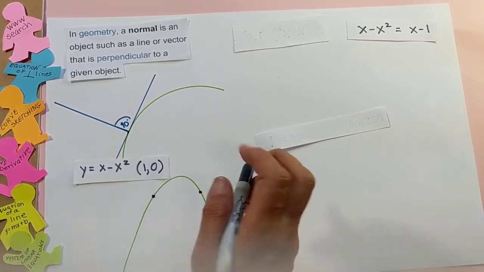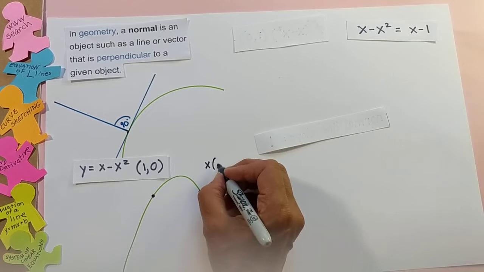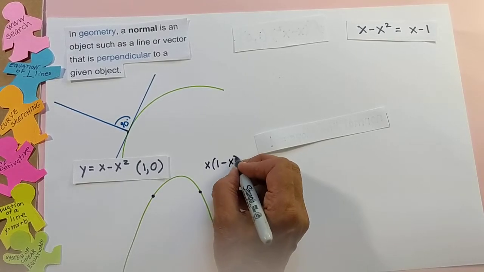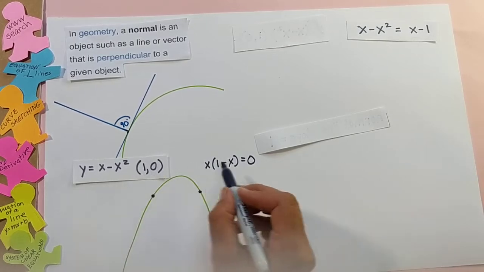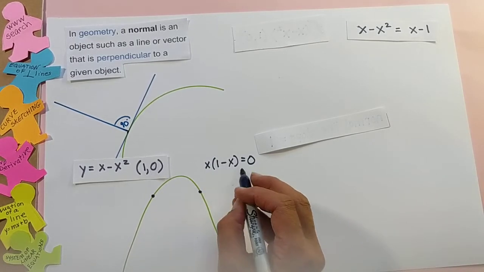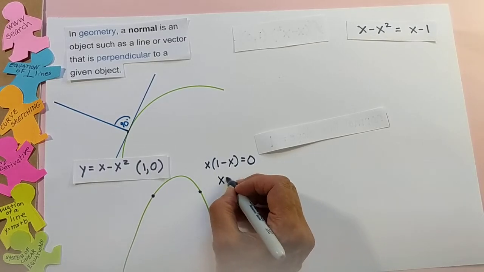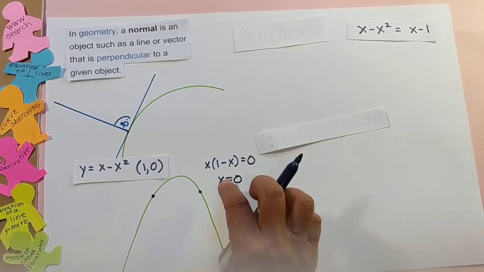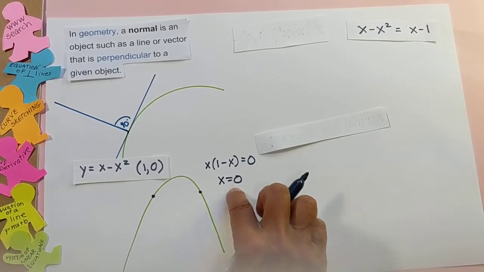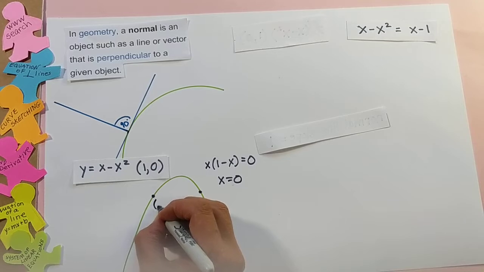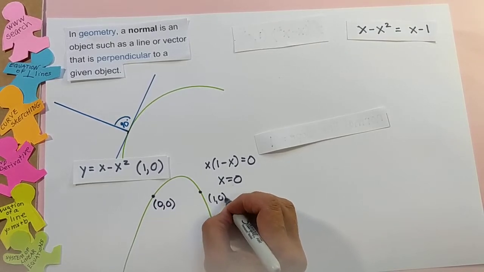So to do that, I factor the equation, and I find the zeros where this is satisfied. Well, I already know that 1 satisfies this equation, so now I know that the other root is x equals 0. So this point is 0, 0, and this point is 1, 0.